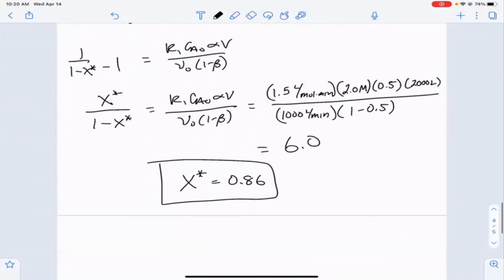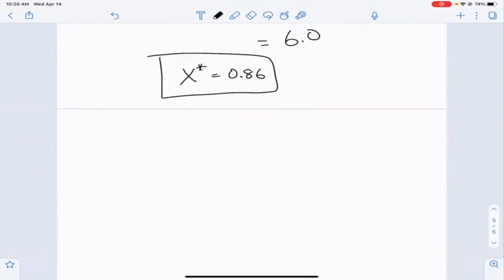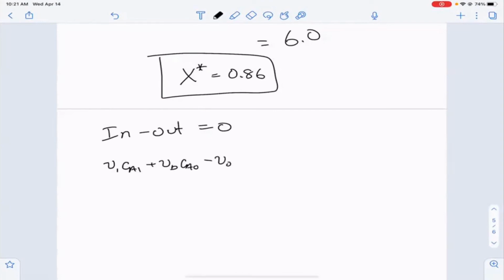So now we have to do a mole balance at that intermediate, or at that sort of mixing point that comes at the outlet. And of course, that's just in minus out is equal to 0. And again, we have two streams in, one from the active part of the reactor, one from the bypass, and then the other one leaving. And so this just becomes V1 times CA1 plus the bypass, VB times CA0 minus V0 times CA is equal to 0.